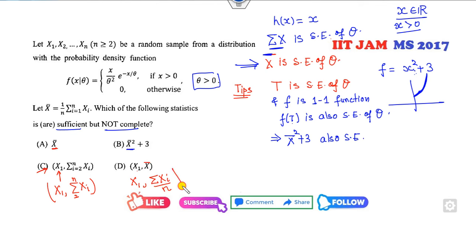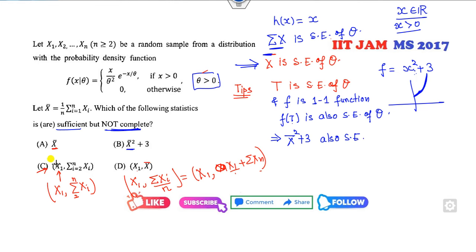Or I can separate x1 here and write it as x1 plus the summation of the rest as separate. But our target is to check whether it's complete or not.